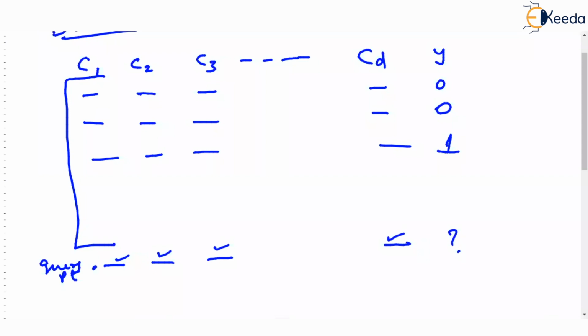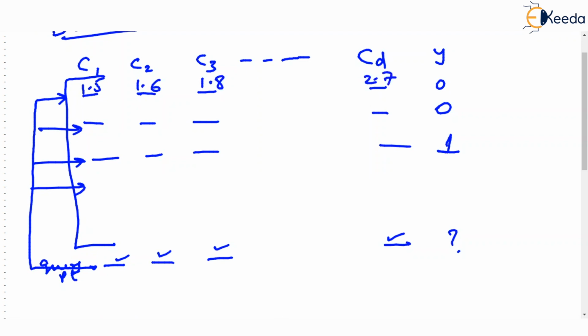You will find the distance of this point from each point, isn't it? So you will get d1, d2, d3, d4, all distances. Just for some time, imagine these values are 1.5, 1.6, 1.8, and 2.7, and these values are 1.6, 1.6, 1.9, and say 2.8. Then what will be the distance of this point from the first point?